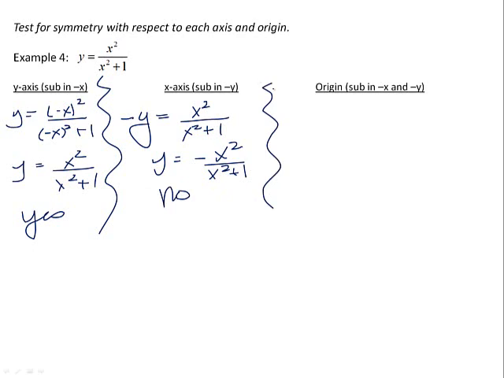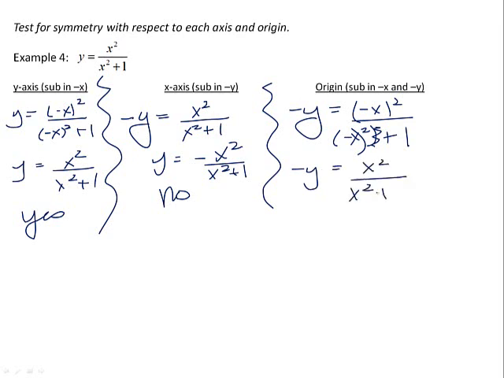And then the origin, I have to test the y and the x. So negative y equals negative x squared over negative x squared plus 1. When I square it, those negatives are going to go away. So I've got x squared over x squared plus 1. Then divide the negative to the other side. Okay, that one didn't work.